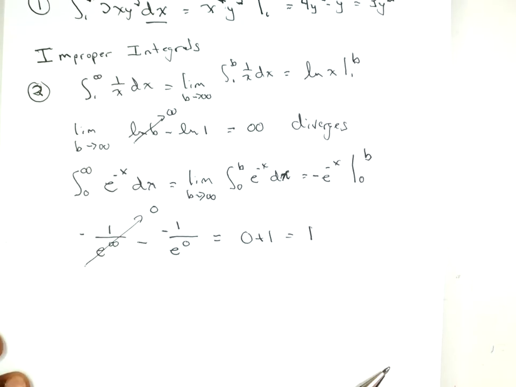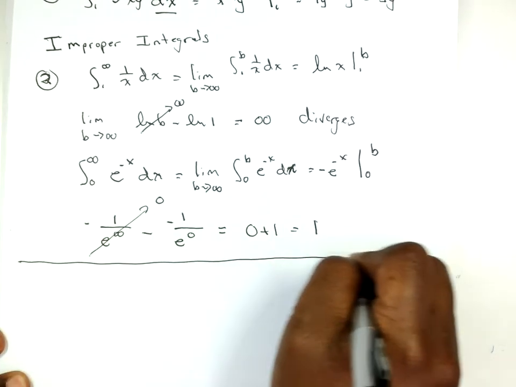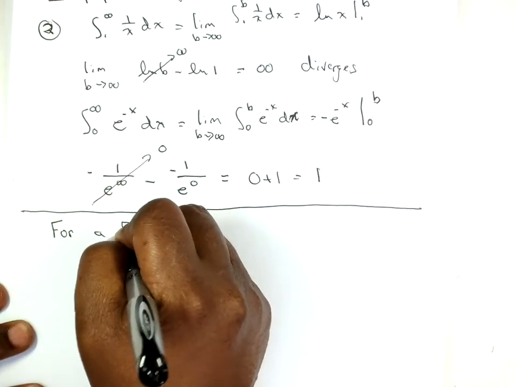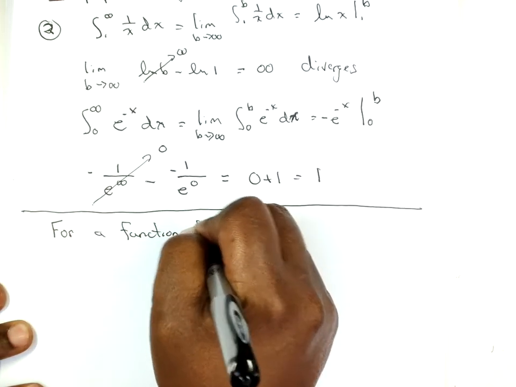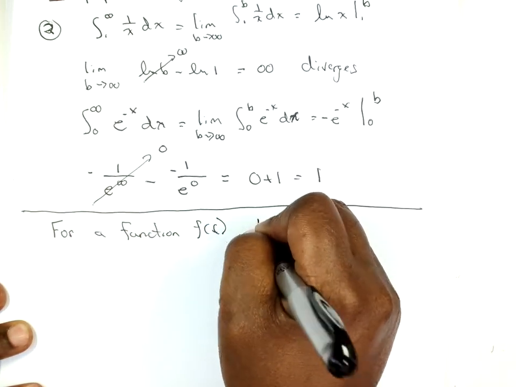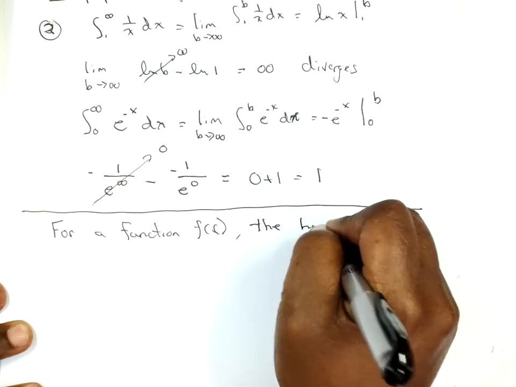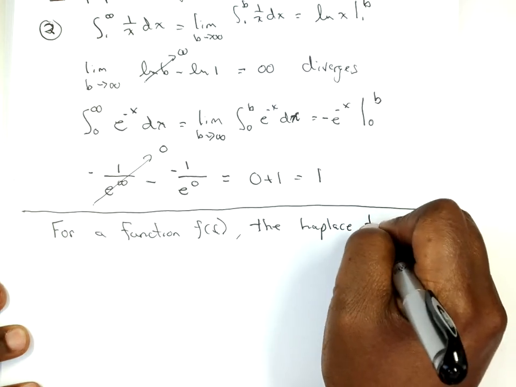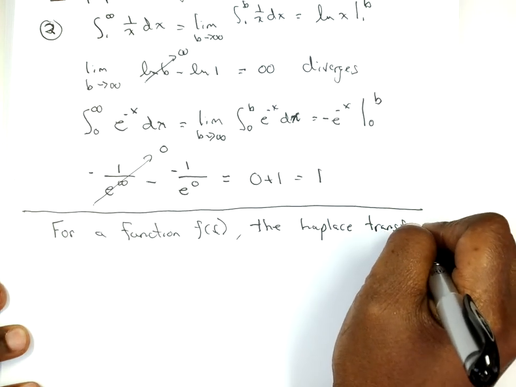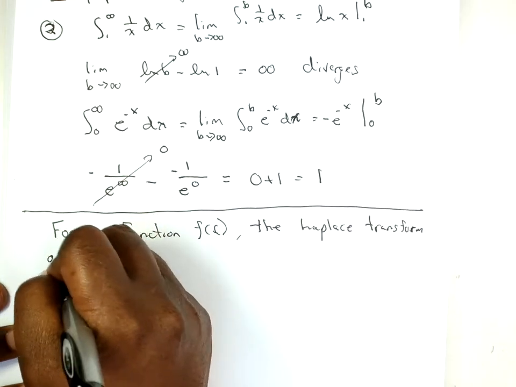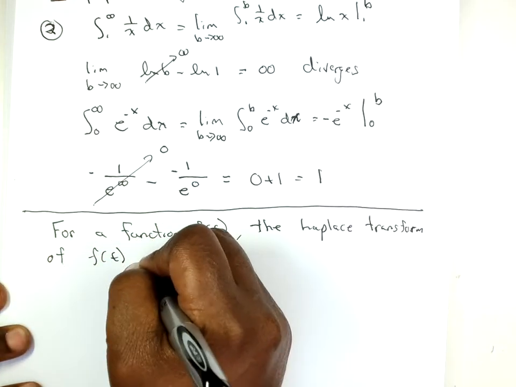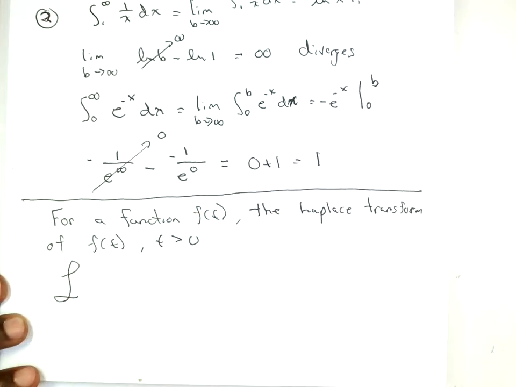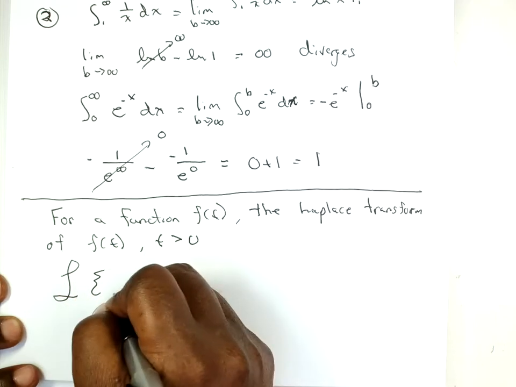So back to our definition. So for a function f of t, the Laplace transform of f of t, and t has to be greater than 0, and we use the script L for Laplace transforms.